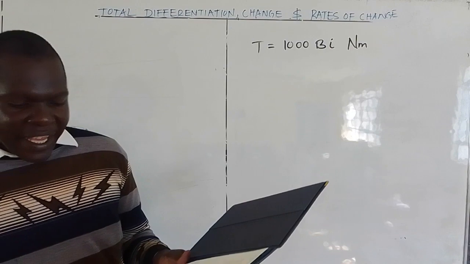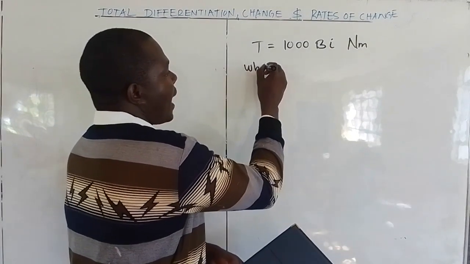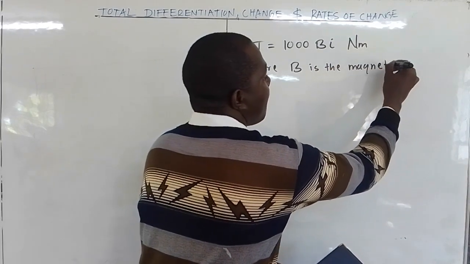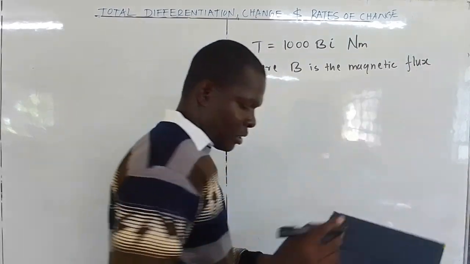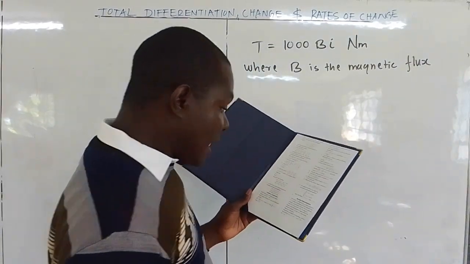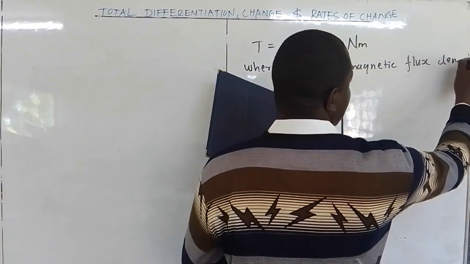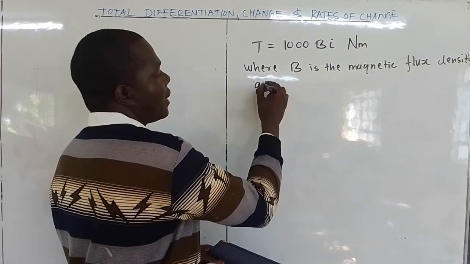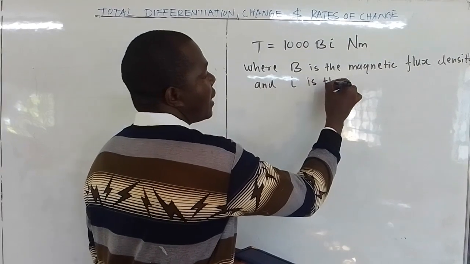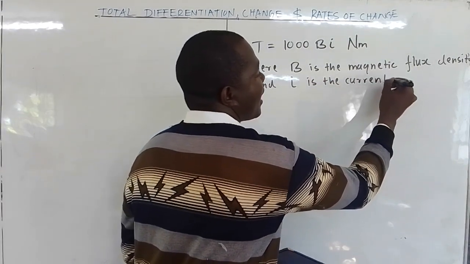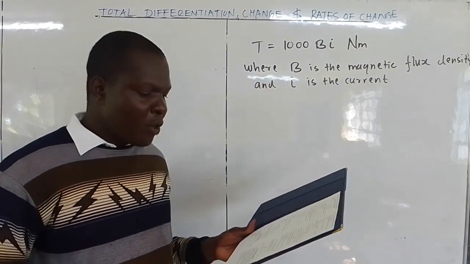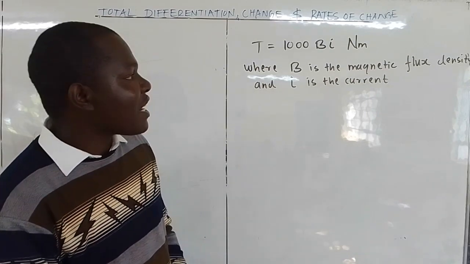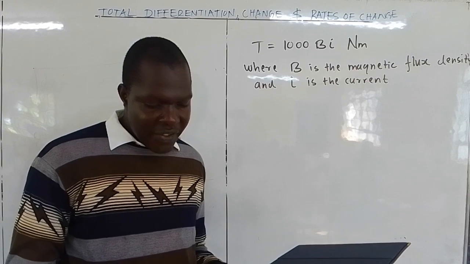Where B is the magnetic flux density and I is the current.